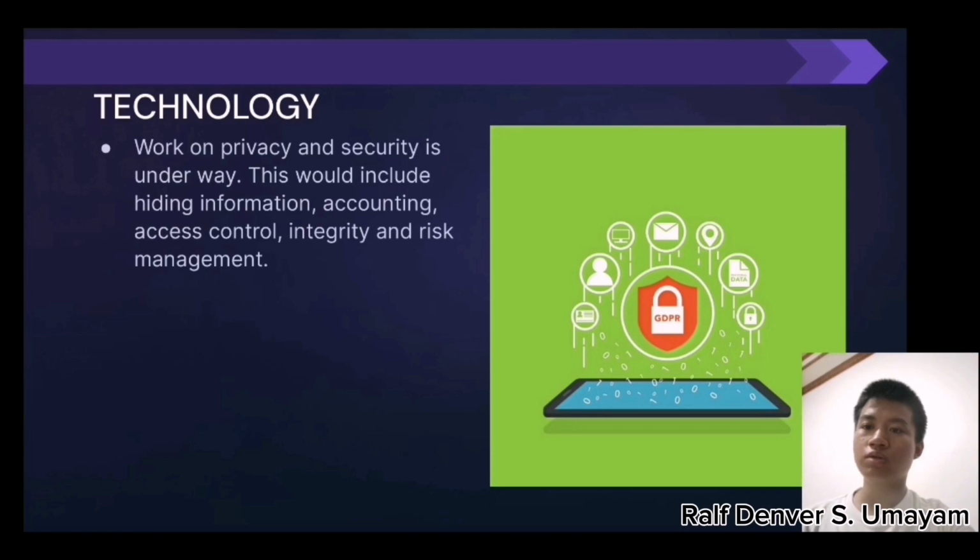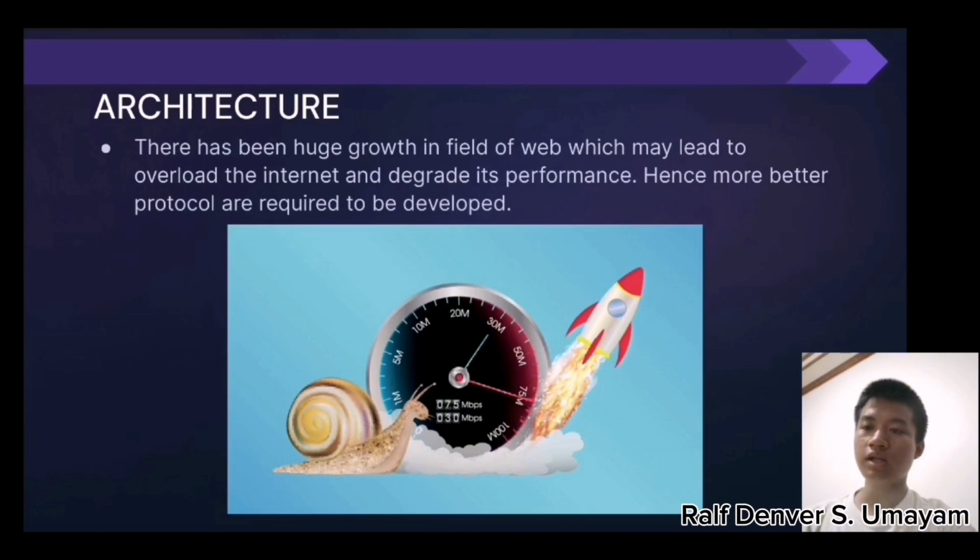Technology work on privacy and security is underway. This would include hiding information, accounting, access control, integrity, and risk management. Architecture: there has been huge growth in the field of the web, which may overload the internet and degrade its performance. Hence, better protocols are required to be developed.